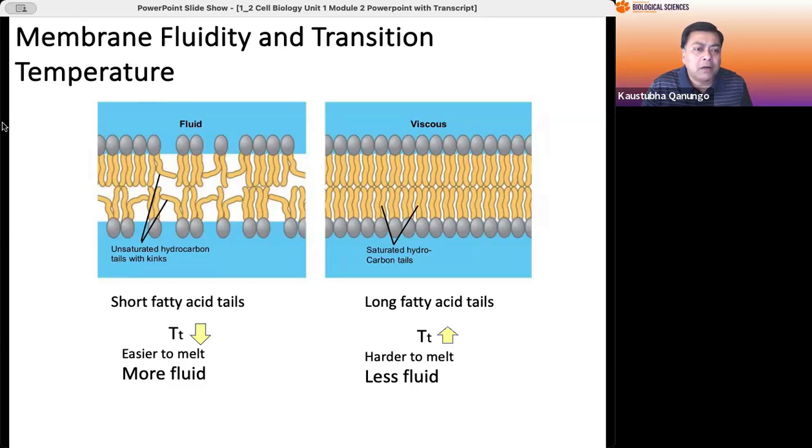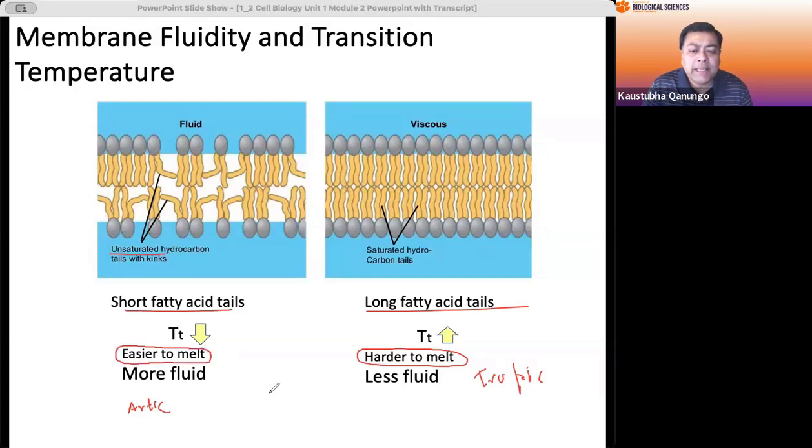So in general, if you look at a person in a colder temperature versus a hotter temperature, a person in the tropical area will have a composition with long fatty acid tails, harder to melt. Whereas in the Arctic region, just arbitrarily saying, a person will have short, unsaturated fatty acid tails, which are easier to melt, because in a colder temperature, they like to keep the membrane fluid. This is more important.